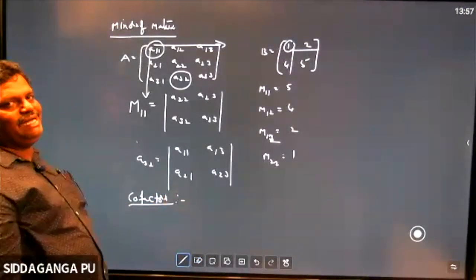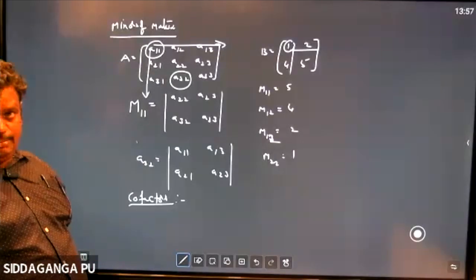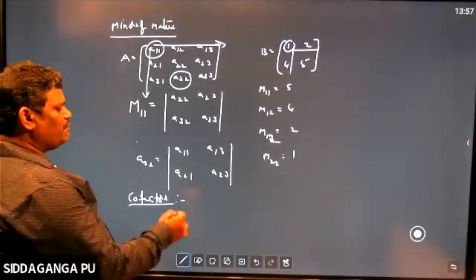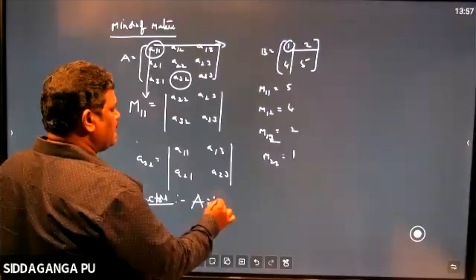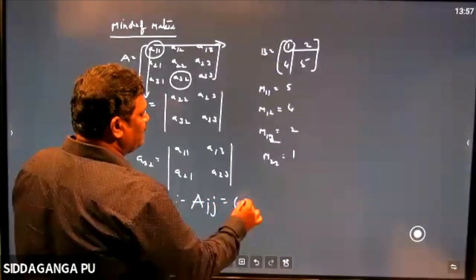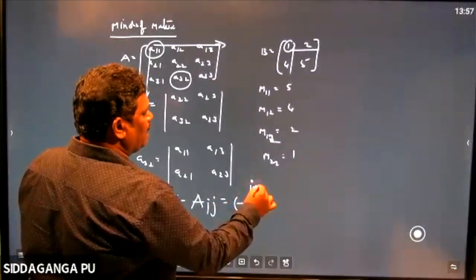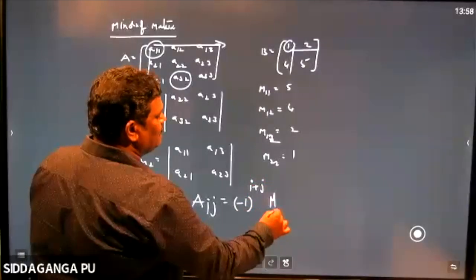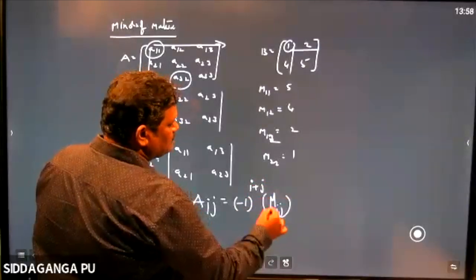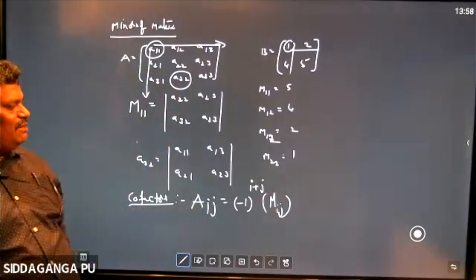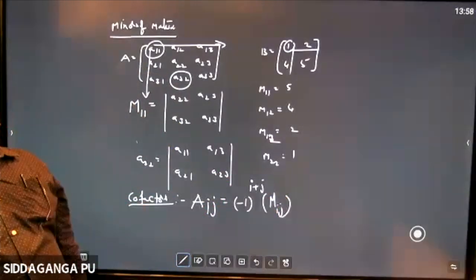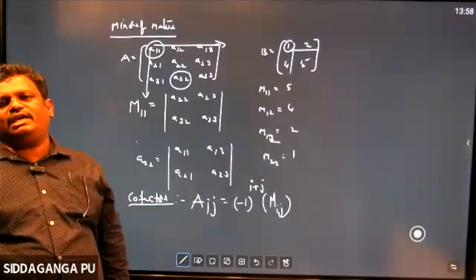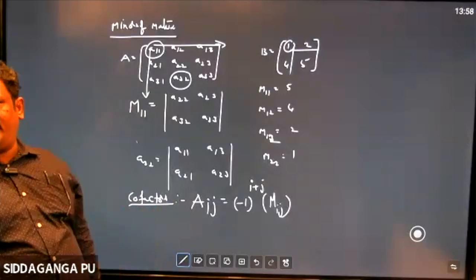That minor is multiplied with minus 1 whole power i plus j. For example, cofactors are denoted with Aij is equal to minus 1 whole power i plus j times the minor. That resulting value is called the cofactor of the given element.